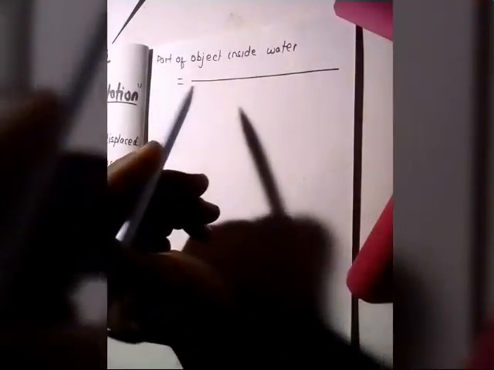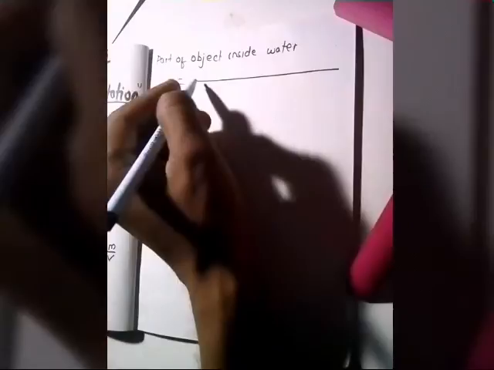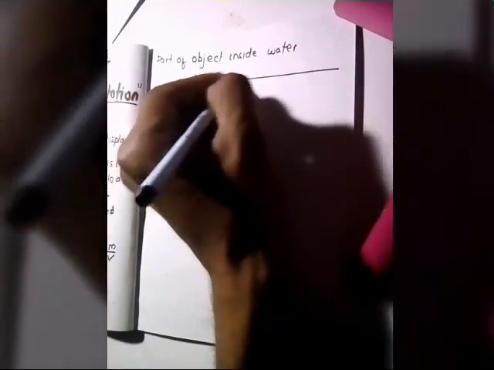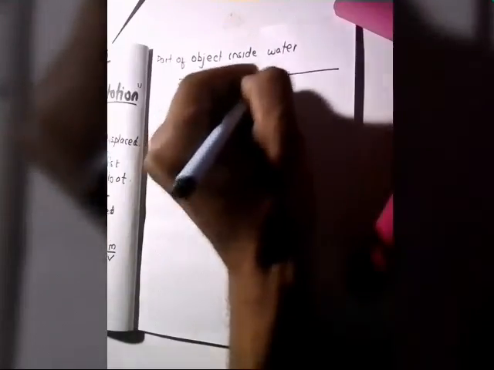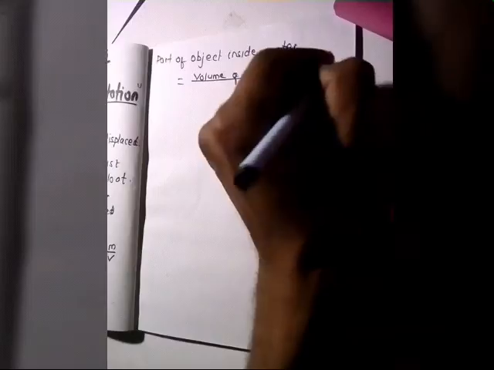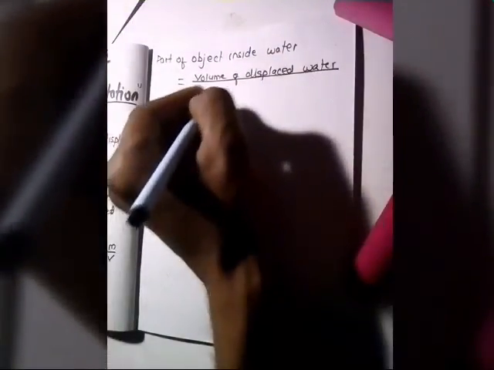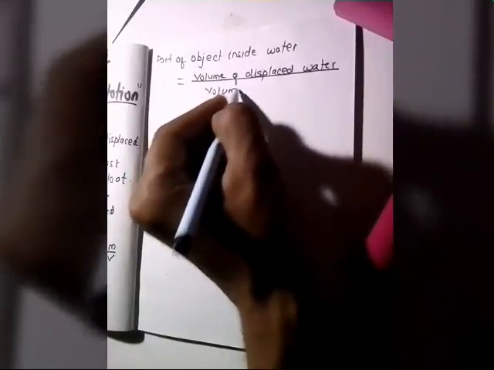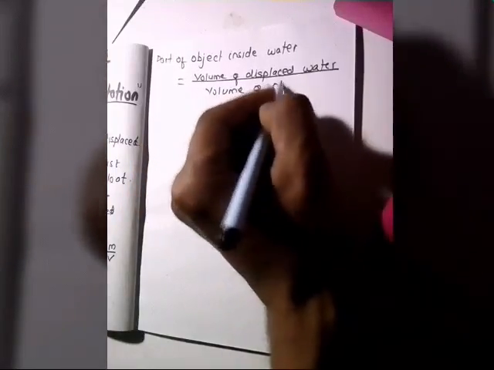So in general, in exams we are asked the part of an object inside water. An object is kept in water, it's floating, and you are generally asked what part of the object is inside water, and there you have a formula. The formula is volume of displaced water divided by volume of object.